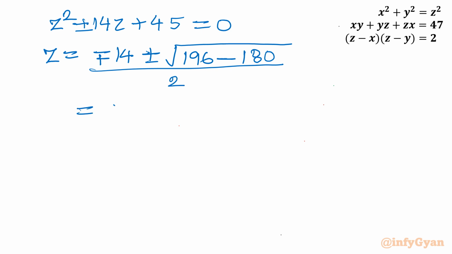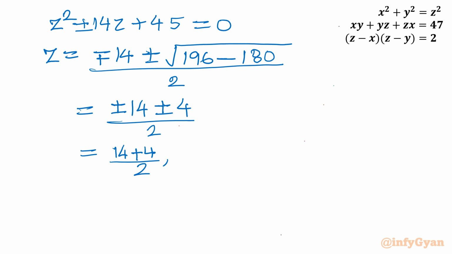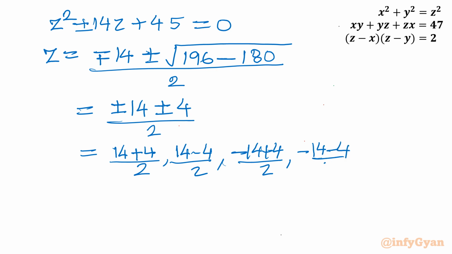Plus minus won't make any change. Square root of 16 is 4, over 2. So I will frame 4 values: (14 + 4)/2, then (14 − 4)/2, then (−14 + 4)/2, and (−14 − 4)/2.